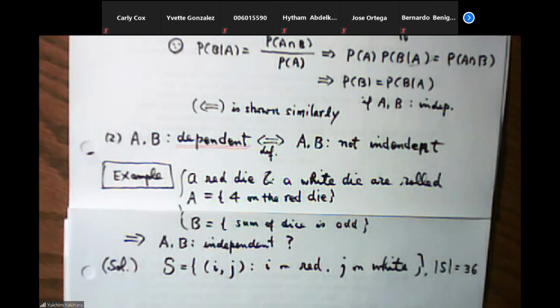First note this: I is on the red die and J is on the white die, the ordered pair I, J. There are 36 possibilities. So then what is the probability of A?